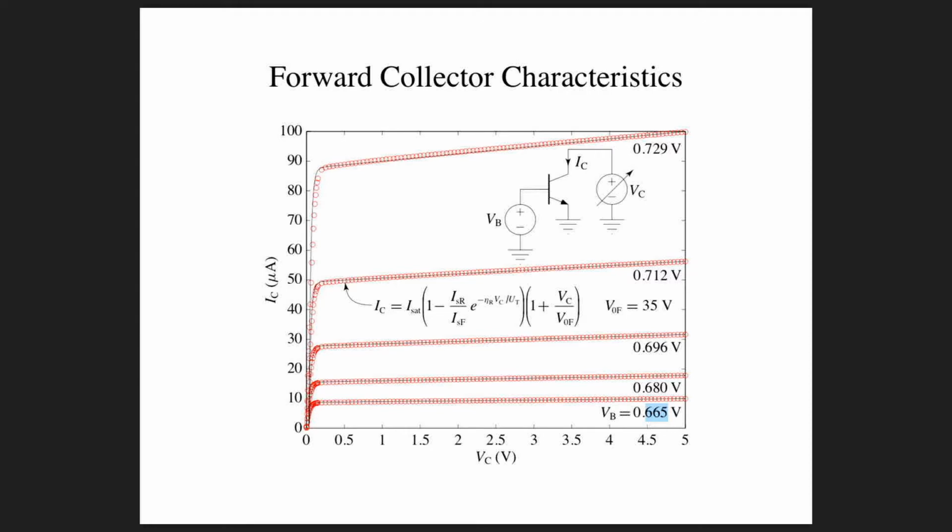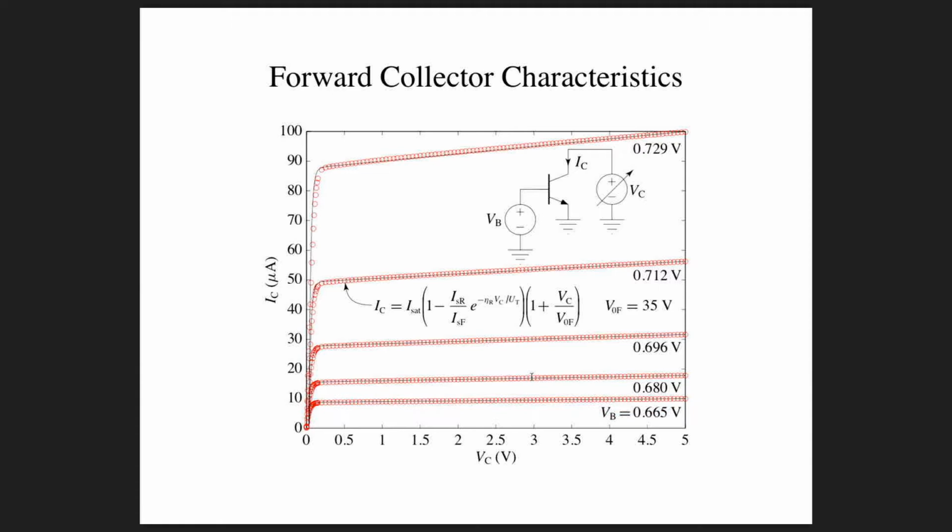Soft saturation is actually quite okay. It's a fine place to operate the transistor. We just want to avoid this place down here where we get the knee of this curve and we get this last 150 millivolts or so. So we want to avoid deep saturation, but soft saturation is okay. And if the transistor is in soft saturation, it's really well described by the forward active model.